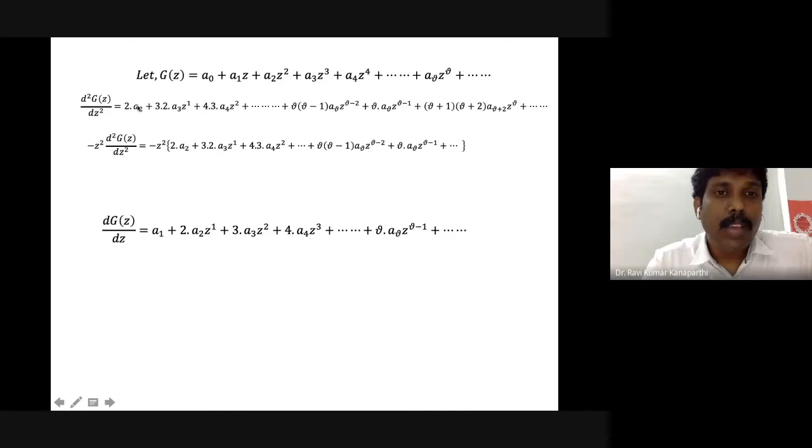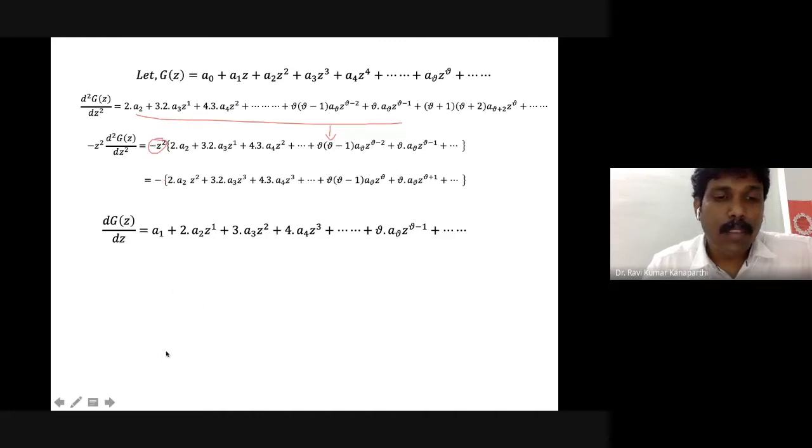Now I already have the second derivative of the function. I just want to multiply it with minus z square. So minus z square multiplied by the same function, whatever it is. This is exactly taken here, and then I am only multiplying with this. The next step, you can take the z square inside.